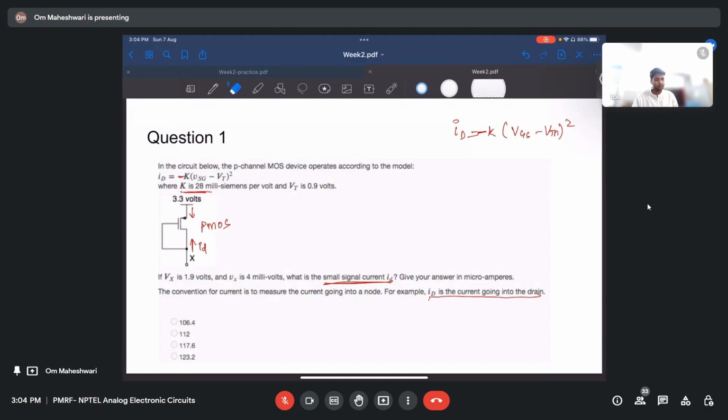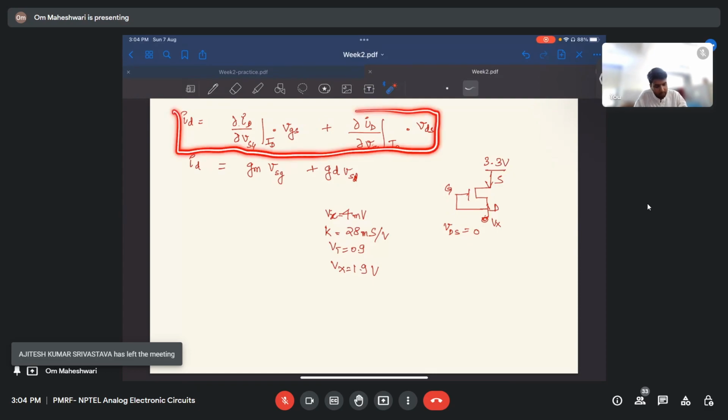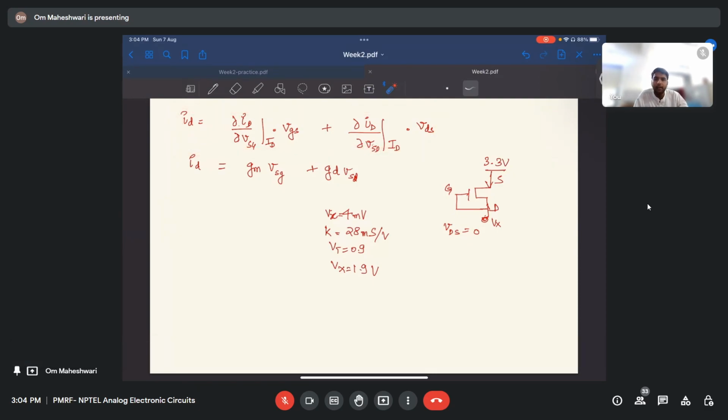So let us solve this question. This is the diagram, I have just drawn it here, and if you have seen the videos, this is the equation of the small signal current. If you have not, I recommend you see those lectures first.